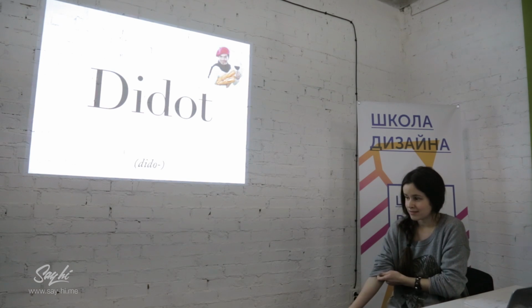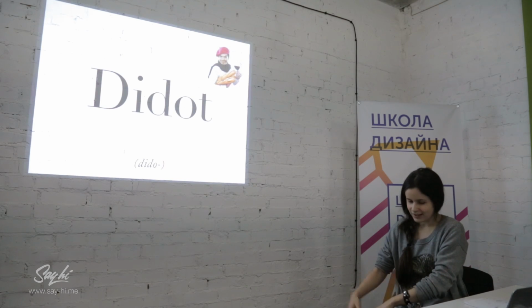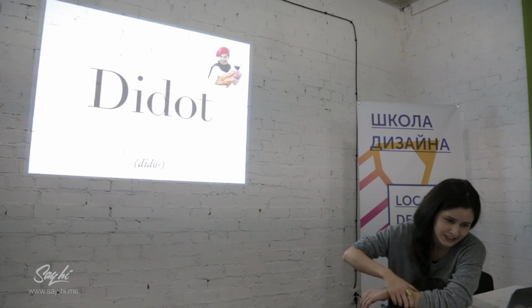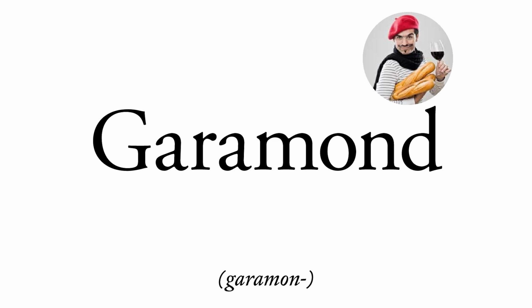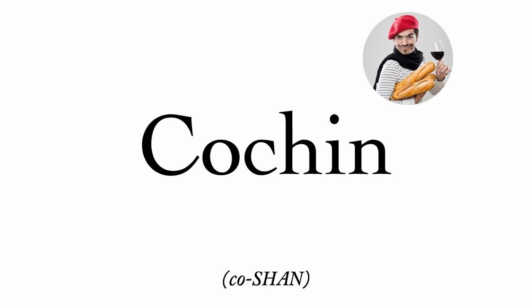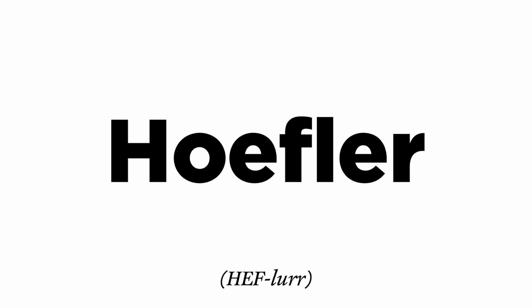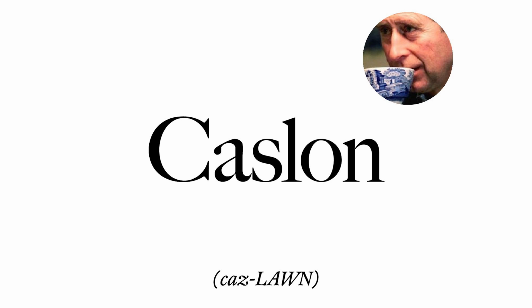You can Americanize them or make them sound English, but really it's Didot. It's Garamond. It's Neue Helvetica. It's Cochin. It's Pino. This guy's American, and it's Hoefler. This guy's British, and it's Caslon.